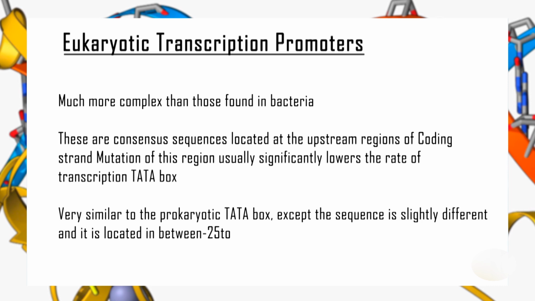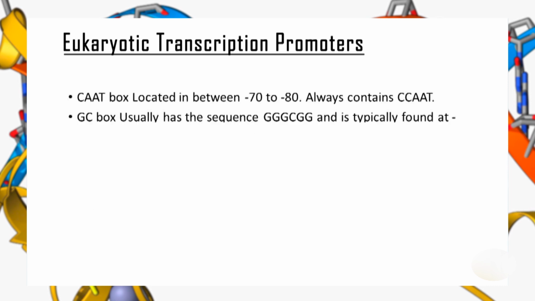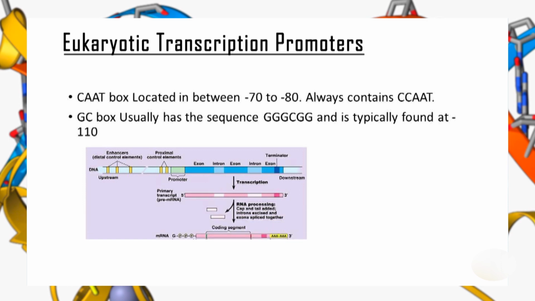Mutation of this region usually significantly lowers the rate of transcription. First is the TATA box, that is the Hogness box, very similar to the prokaryotic TATA box, except the sequence is slightly different, that is TATAAA, and is located between minus 25 to 30.